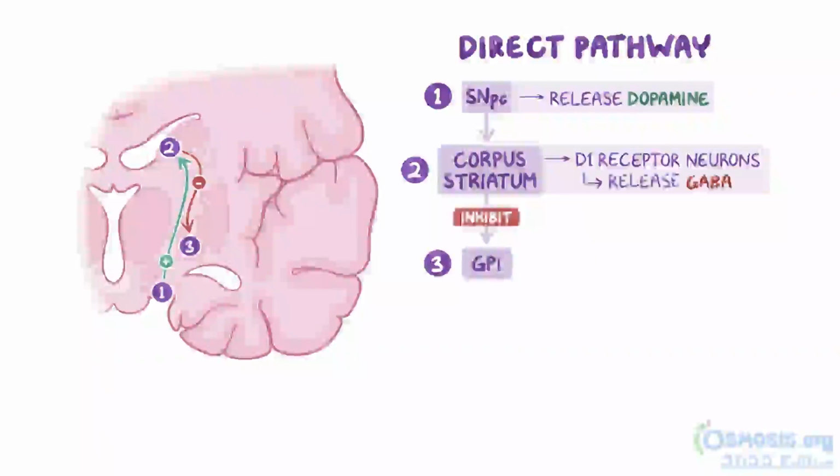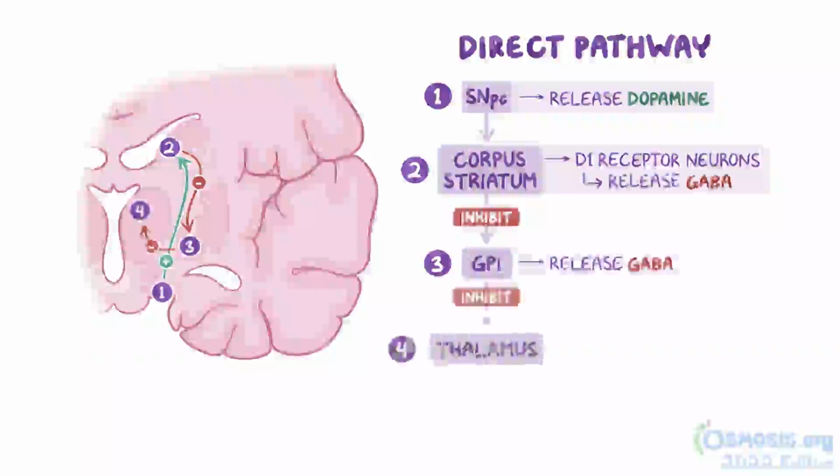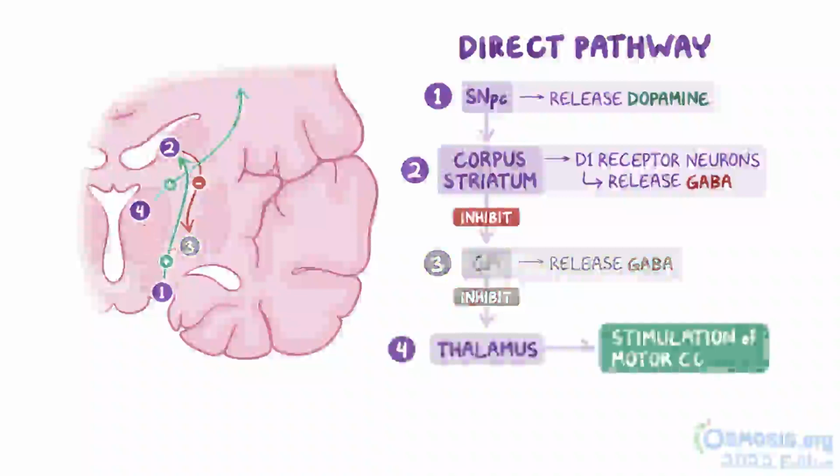Now, normally, the GPI projects to the thalamus, where it releases GABA, thus inhibiting the thalamus and preventing it from releasing glutamate and stimulating the motor cortex. However, because the GPI is inhibited by the corpus striatum, the thalamus is then disinhibited and can stimulate the motor cortex, thereby assisting with the initiation and execution of the desired voluntary movements.